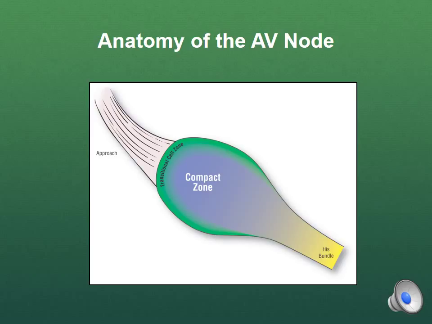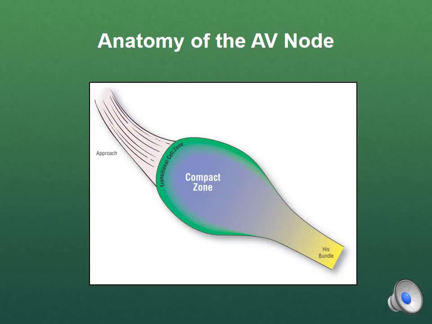Then those stimuli back up and have a slowdown period at the AV junction to allow the atria to contract before the stimulus is translated down into the ventricles. The big reason for this slowdown is to allow the atrial contraction to occur, so we don't have simultaneous atrial and ventricular contraction.